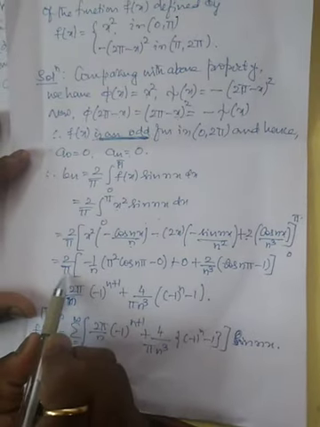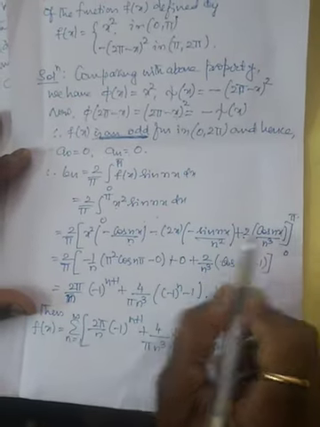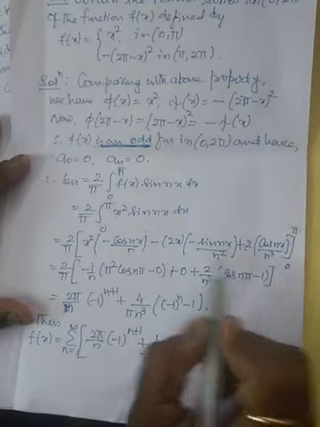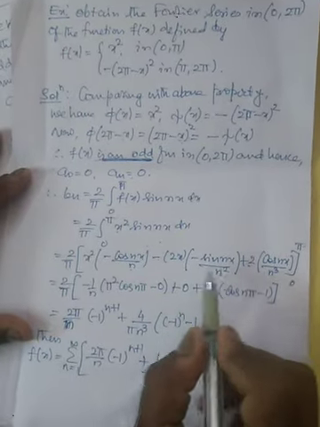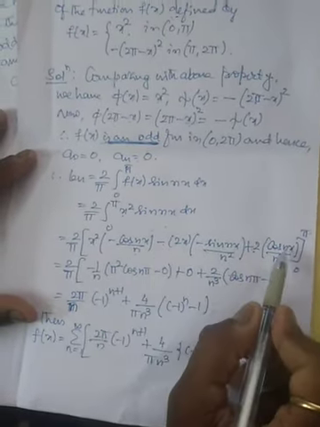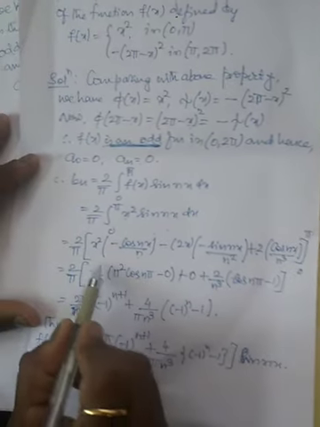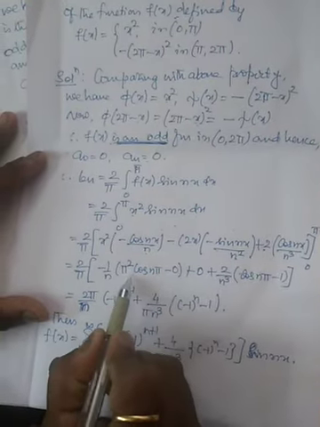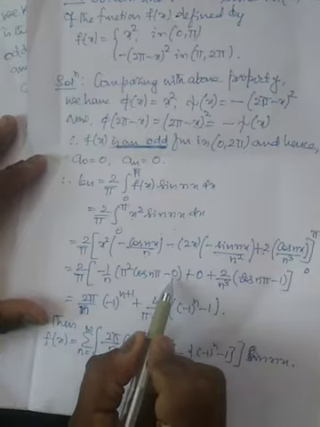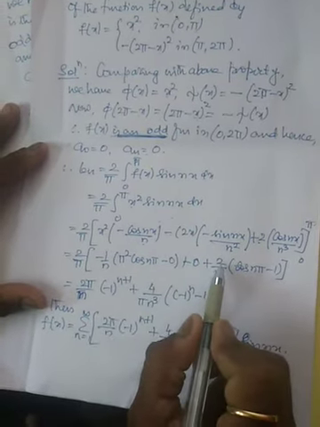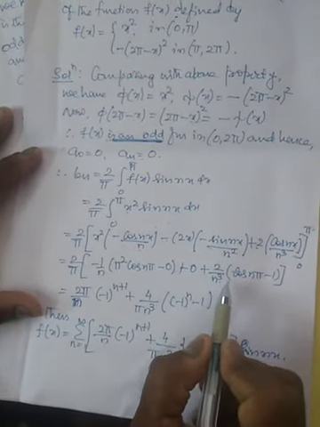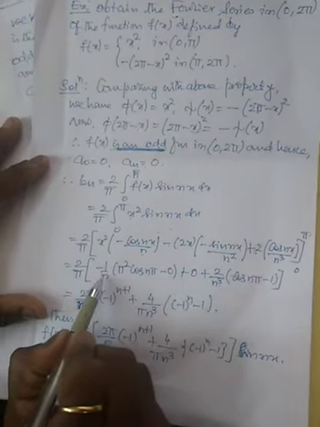Therefore, 2 upon pi, again observe that sin n pi and sin 0 are 0, hence the second term itself becomes 0. We need to consider only the first and third terms. Therefore, minus 1 upon n into pi square cos n pi minus 0, plus the second term becomes 0, and the third term 2 upon n cube. Why is it minus 1 upon n in the first term?